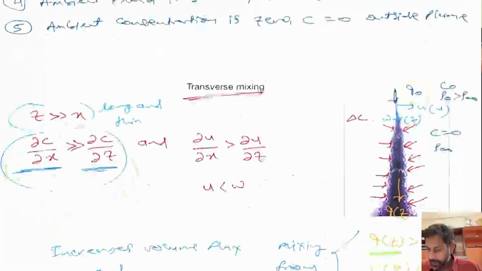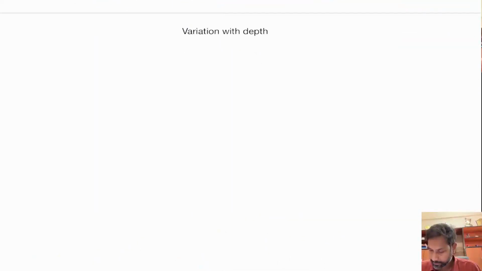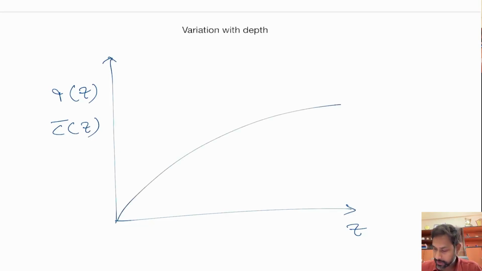Okay, and if you want to plot it in this plot, so let's assume this is Q of z, this is concentration of the plume, and this is your z axis. So Q of z will actually increase with z to the power 1 by 3, right?